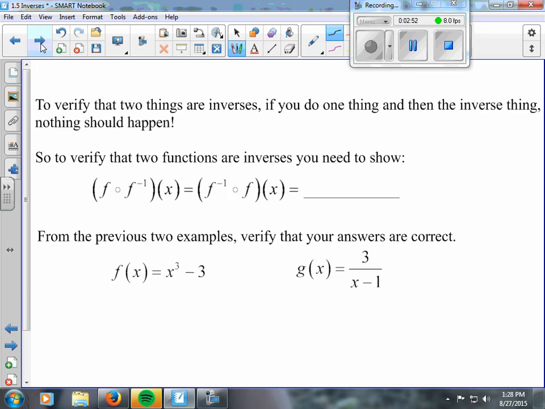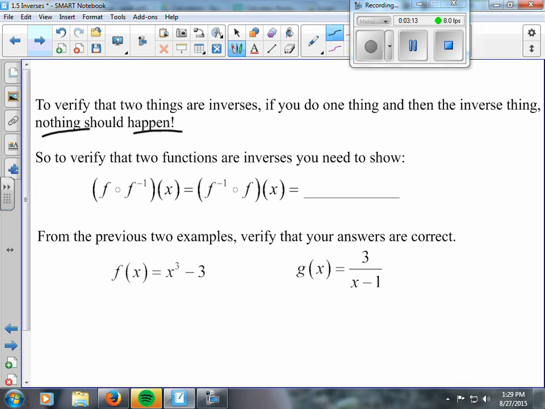All right. So how can you verify that this is right? Maybe we want to check and make sure it's right. Then what happens is if you go 2 steps forward and 2 steps backward, then nothing happens. So this means that your input and your output are the same.